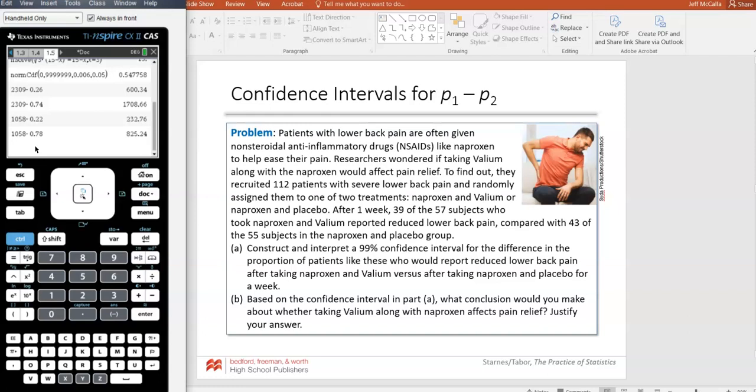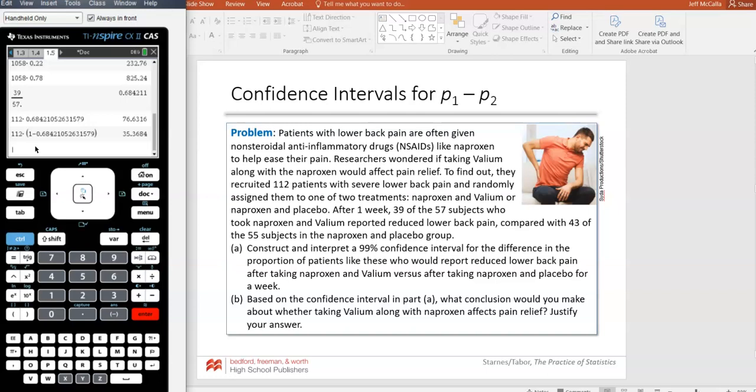Let's see what happens. So p hat for the first group would be 39 divided by 57. That's your p. So n would be 112 times that, and then 112 times 1 minus that.